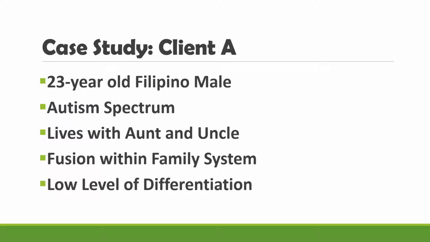Looking at it through the Bowenian lens, client A living with his aunt and uncle is part of an interlocking triangle and is also part of a triangle with his mother and stepfather. Client A exhibits a low level of differentiation.